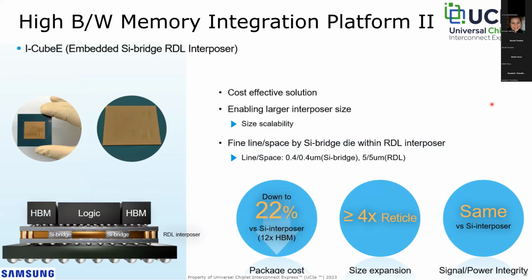Samsung also offers embedded Silicon Bridge and RDL-based interposer solutions, with Silicon Bridge having 0.4 micron line and space and RDL using 5 micron line and space. This enables lower cost compared to full-blown silicon interposer solutions.